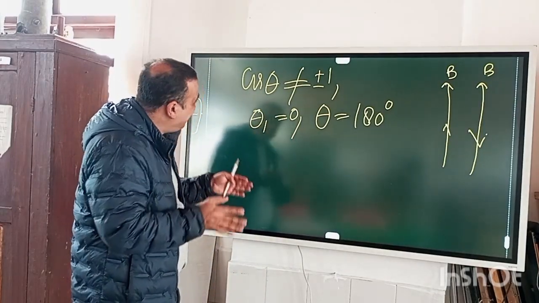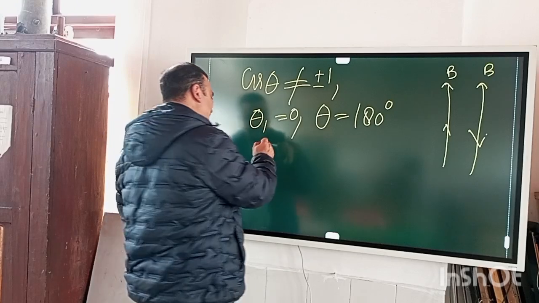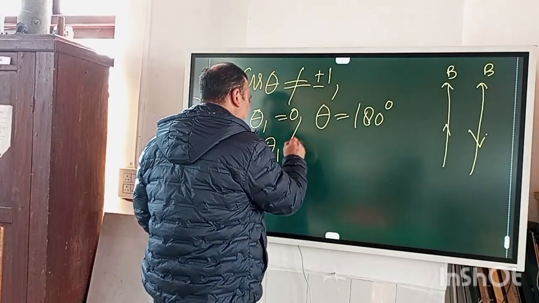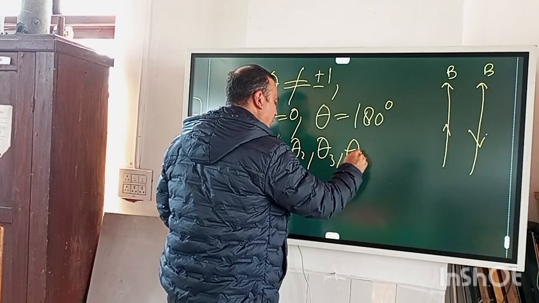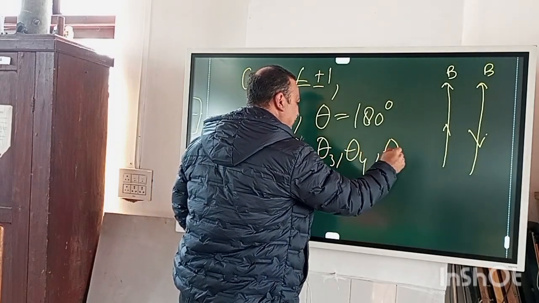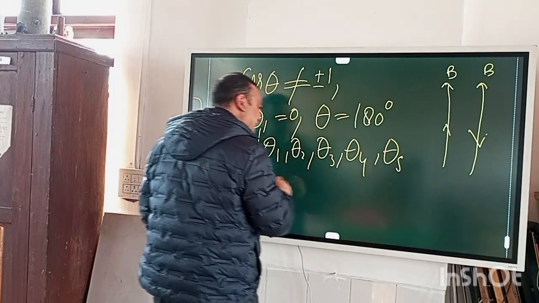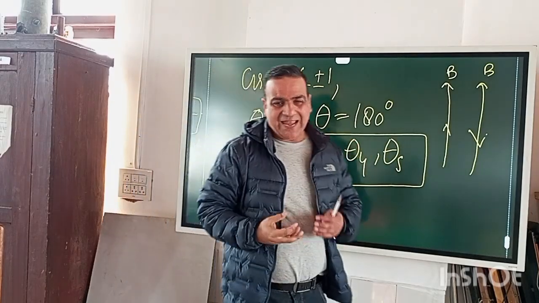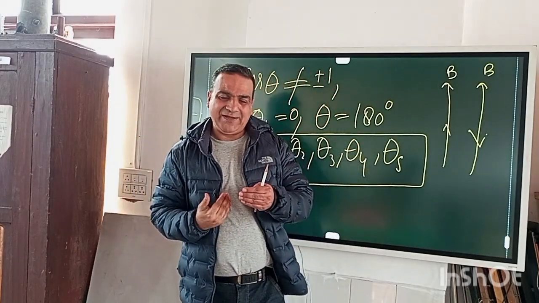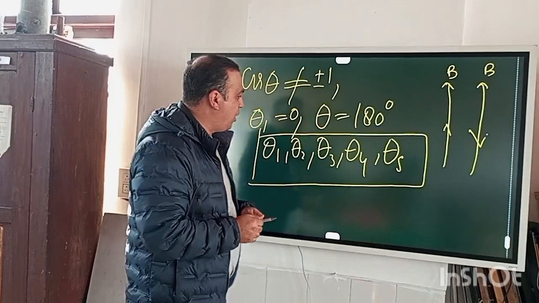So we can have only some set of values. So we'll have theta 1, theta 2, theta 3, theta 4, and theta 5. We'll have 5 sets of angles that can be projected by applying a magnetic field to the electron in the z direction.